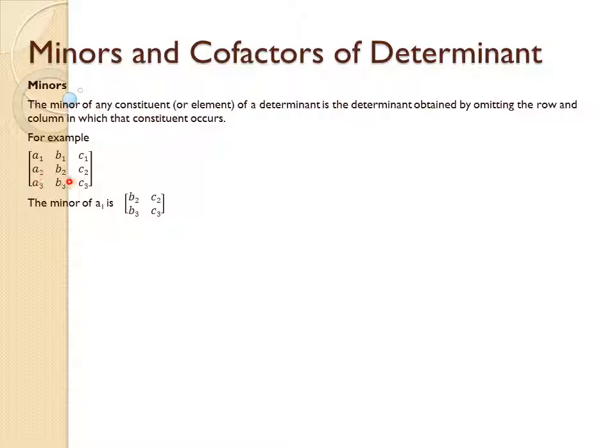So that is my minor of b1. So the minor of b1 is a2, c2, a3, c3. In a similar way, we can find the minor of any element within a determinant, or within a matrix generally.